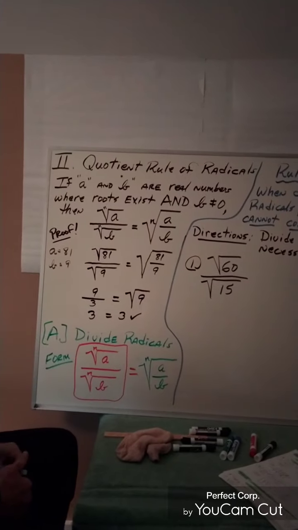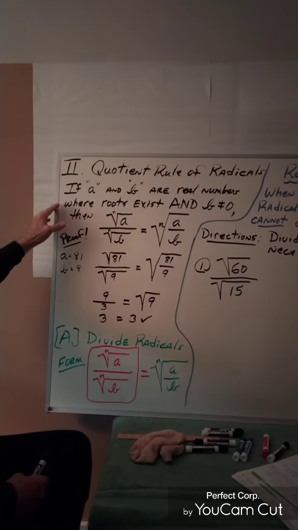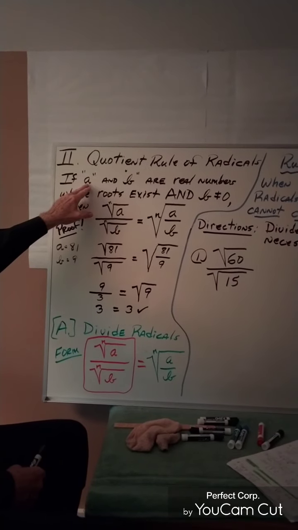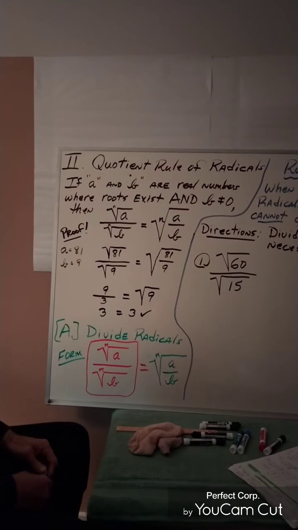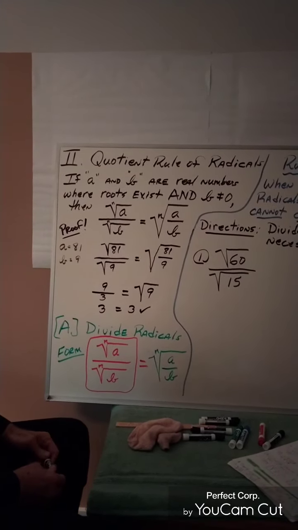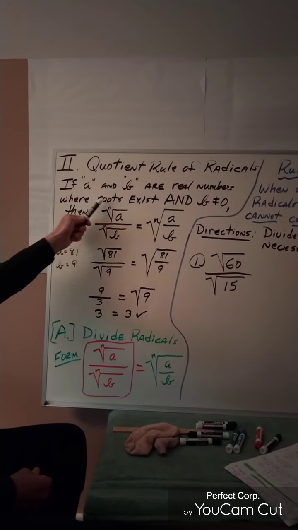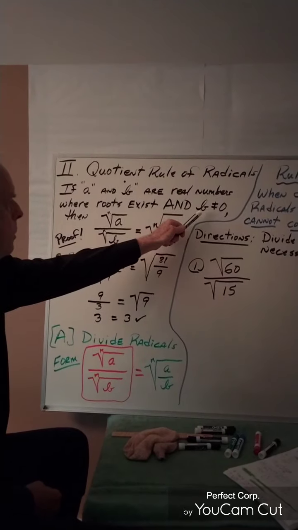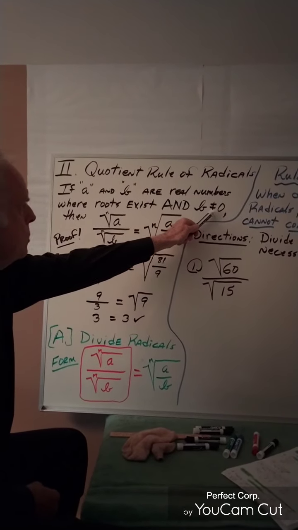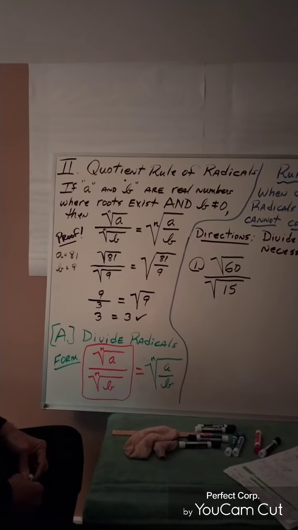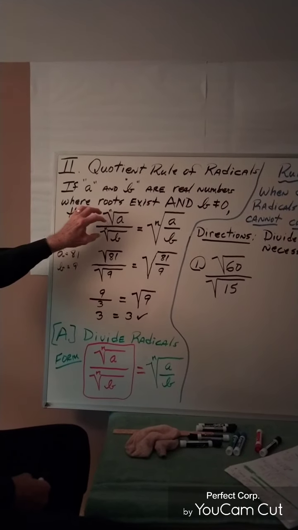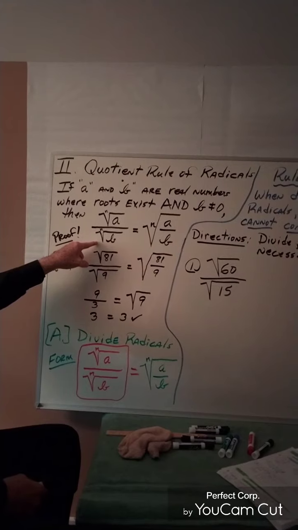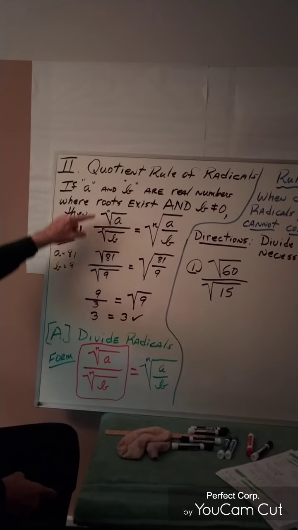The quotient rule of radicals says this. Here's the premise statement. If A and B are real numbers where roots exist and B does not equal 0, here's the equation that defines the quotient rule of radicals.